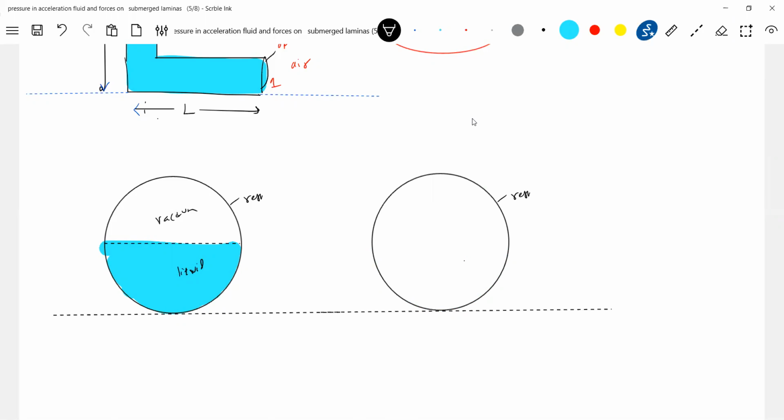What conditions can arise? Something it can happen. It can happen like this. It's a half fill, no? So this can be one position.